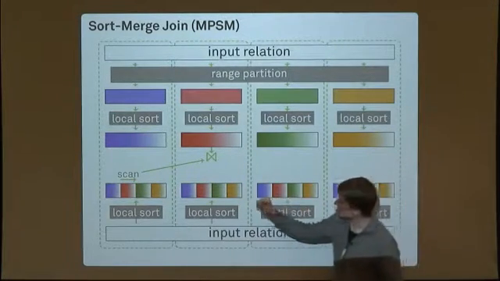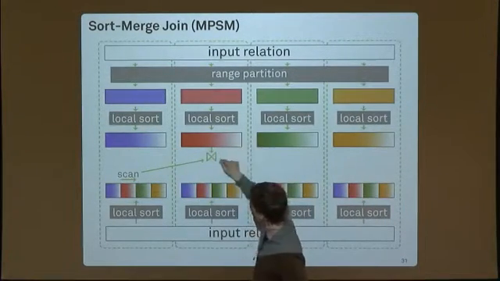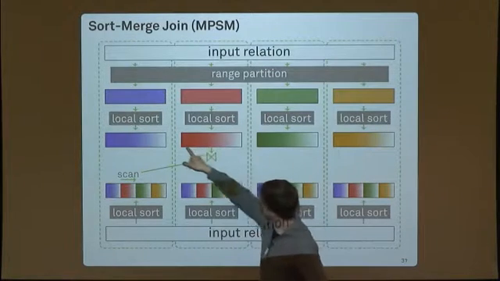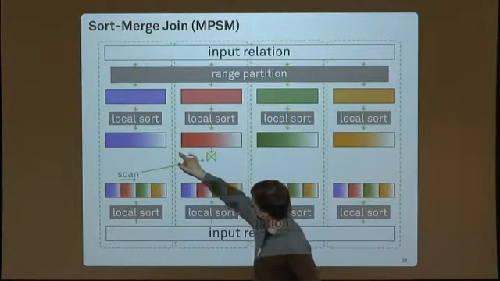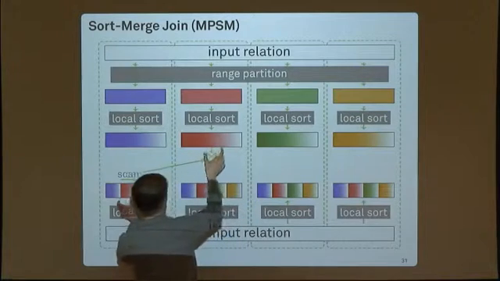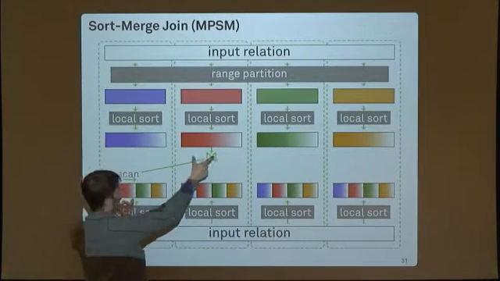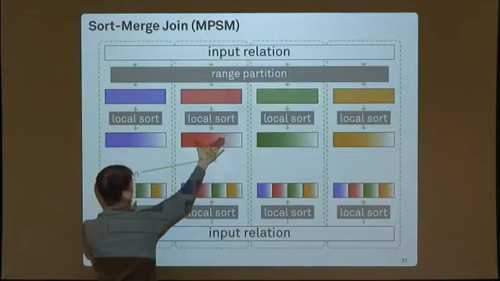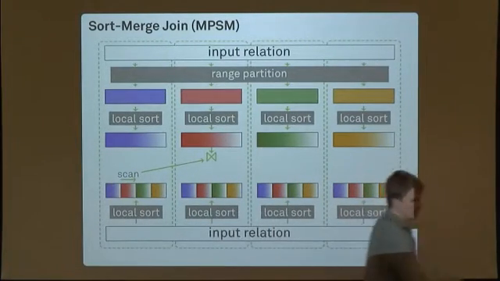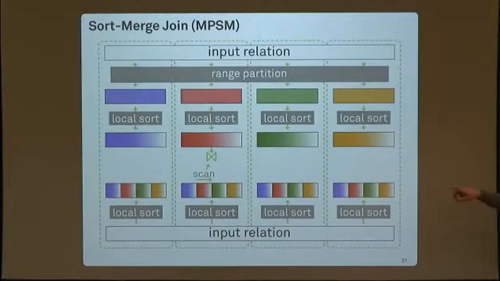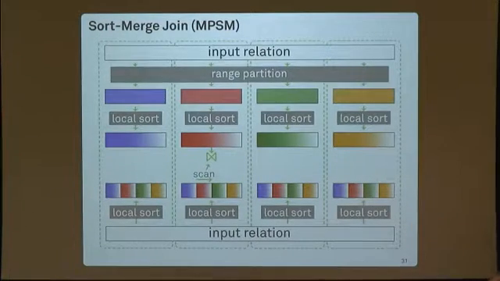And then you do the join as follows. On each of the cores, of course, you do the same thing. You do a sequence of merge joins, where you merge this guy with that guy, and then you merge that upper red guy with that red guy, and so on.